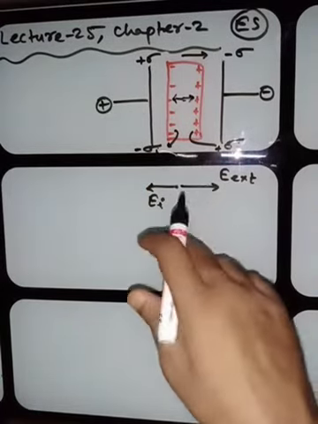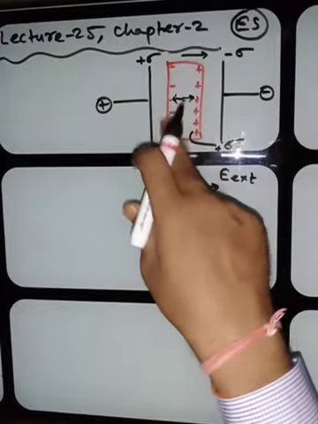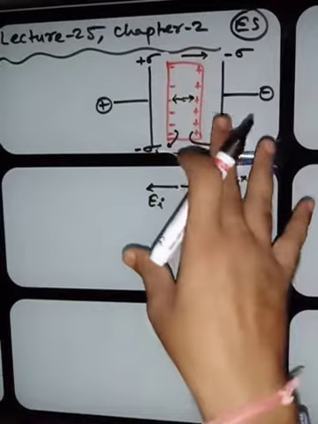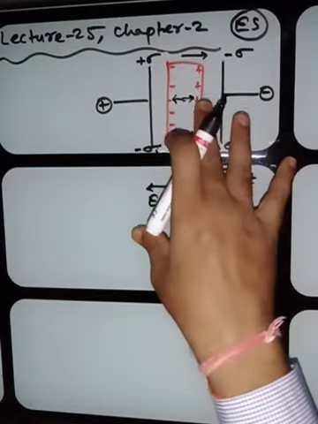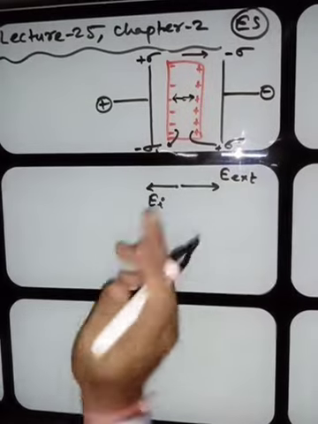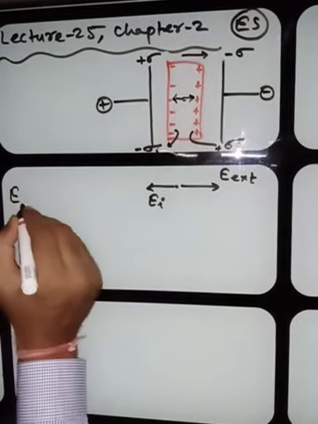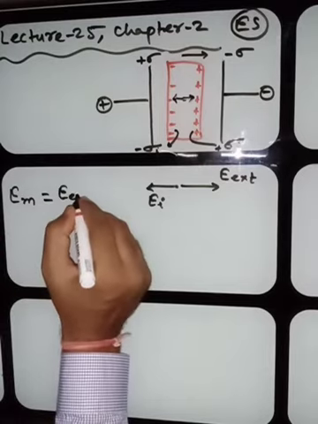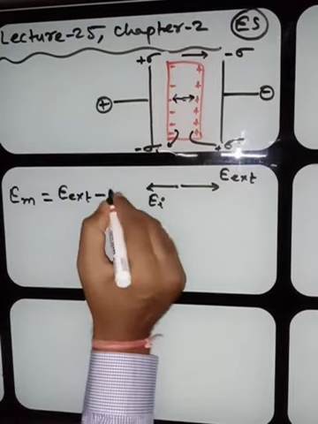For this particular material we have also considered one component, the dielectric constant. That must be remembered. Now the net electric field we have written due to the medium was E external minus E induced.